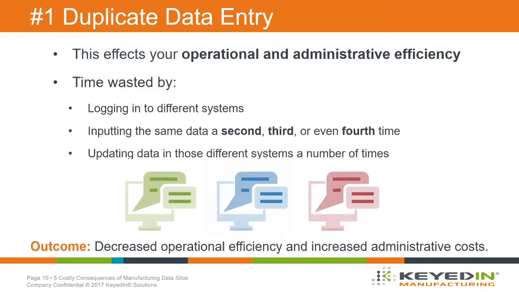So now we have to make sure that that delivery date change has been communicated in some way, shape, or form to that production control manager. And then he has to go in, or she has to go into their system and update the same data again. So we see huge costs that are incurred just by people managing, manipulating, and dealing with the exact same data in all of these different systems.